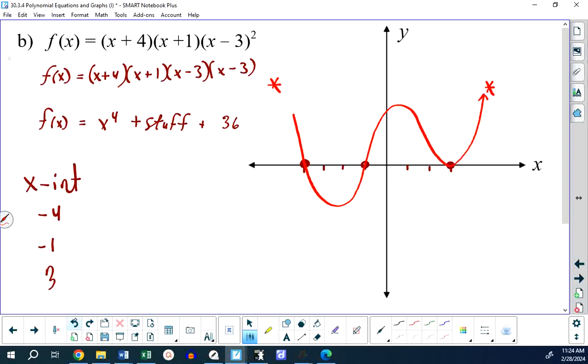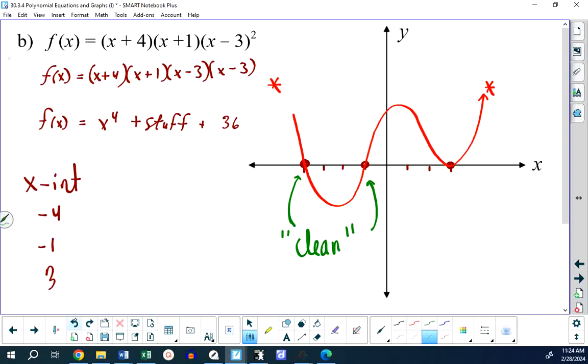I don't care. What is important, everybody, is that these two x-intercepts are what I call clean x-intercepts. Nice and smooth and clean. There's nothing funky going on with those x-intercepts.